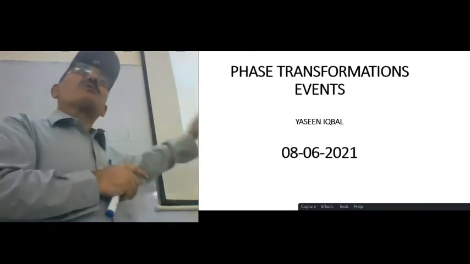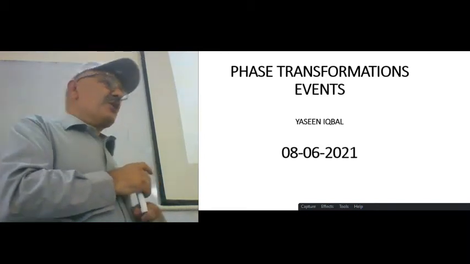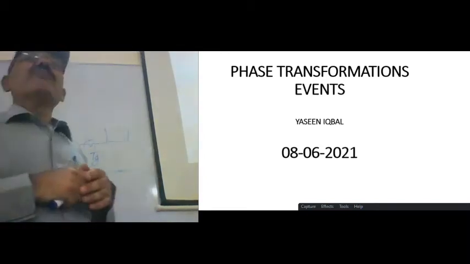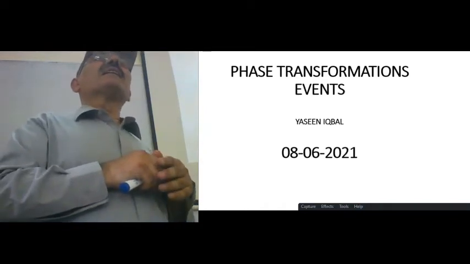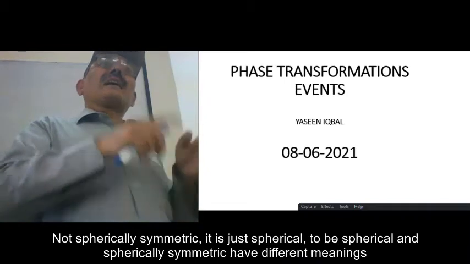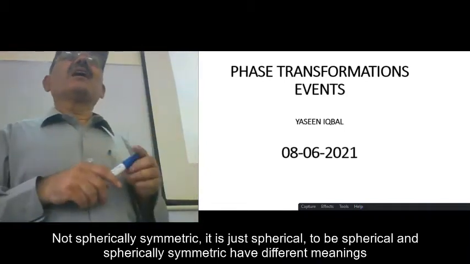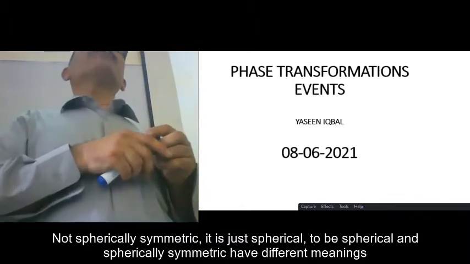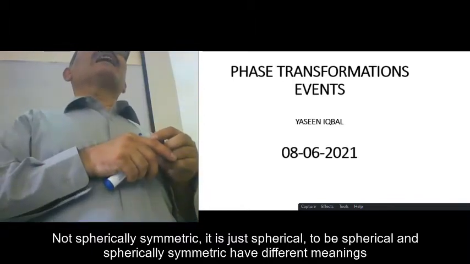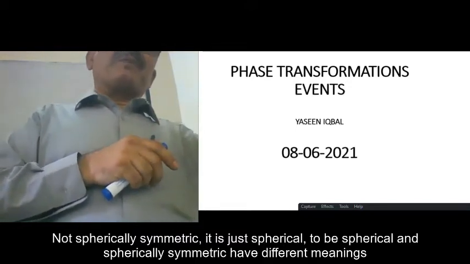This is the whole story of the material, right? So glass transition is a temperature where a material remains as a glass, as an amorphous phase.